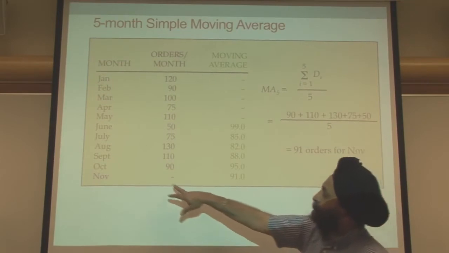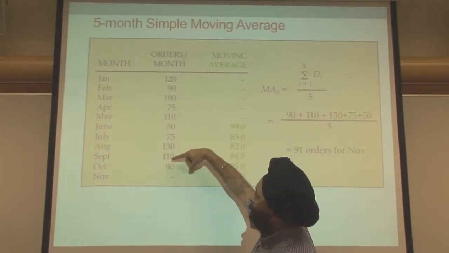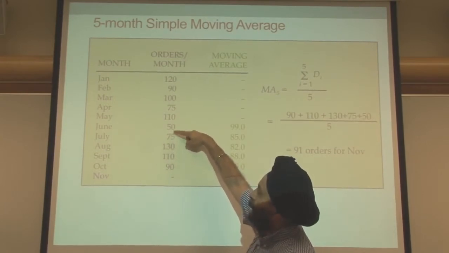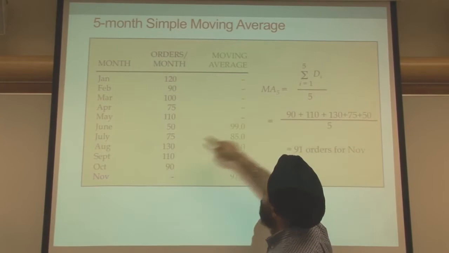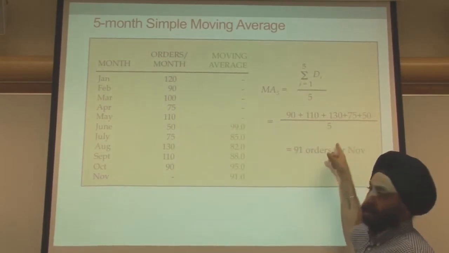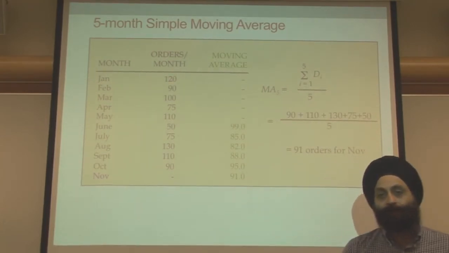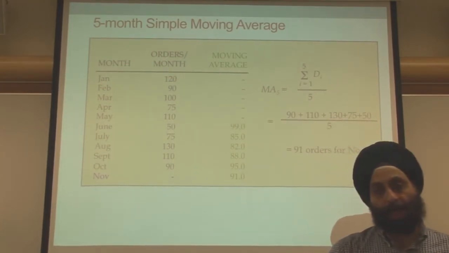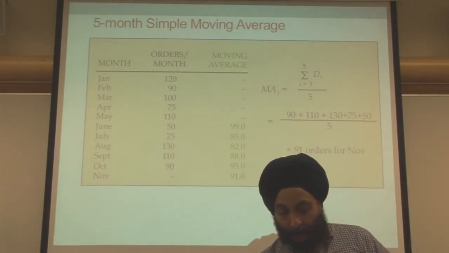So in this case, for the month of November we'll take October, September, August, July, and June. So 90 plus 110 plus 130 plus 75 plus 150 plus 50, all divided by 5, which will give you 91. So notice the difference is how many periods you are taking to calculate the moving average.